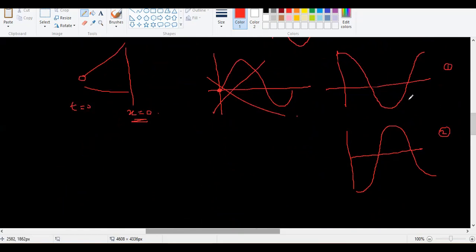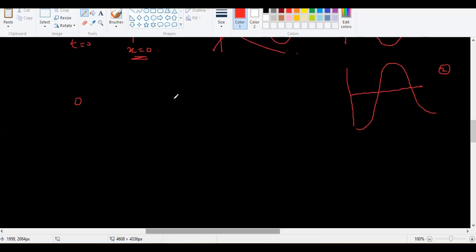Initially, is the displacement positive or negative? Mithun? Negative. Negative, very good. So the ball starts from here and moves this way, which means it should be cos, and since it starts from negative, you should put a minus. That means y is equal to minus a cos omega t.